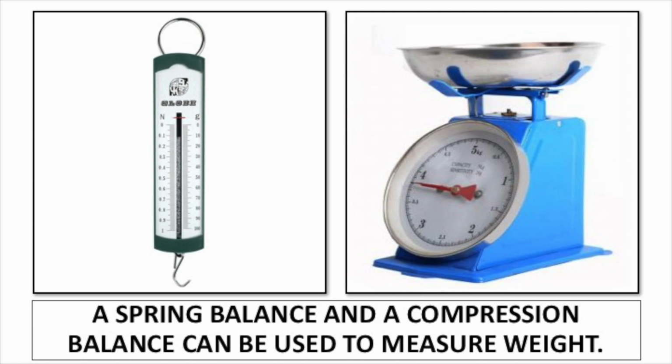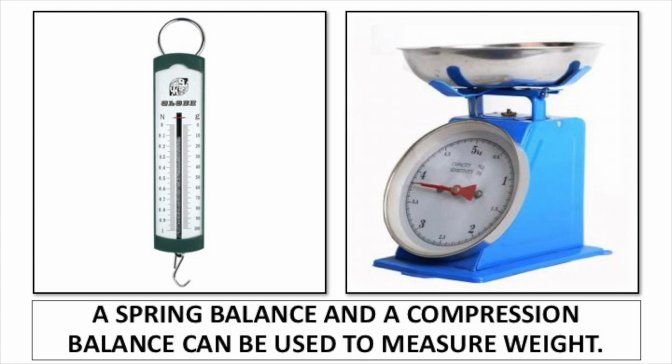Because it has a spring. You see this hook here? You attach the object you want to weigh, and then the weight of the object will move the hook down because it's on a spring. And then you will see how much the object weighs. So that's how a spring balance operates.